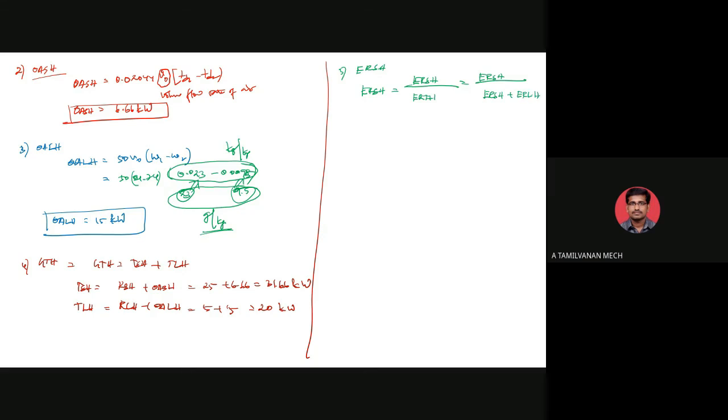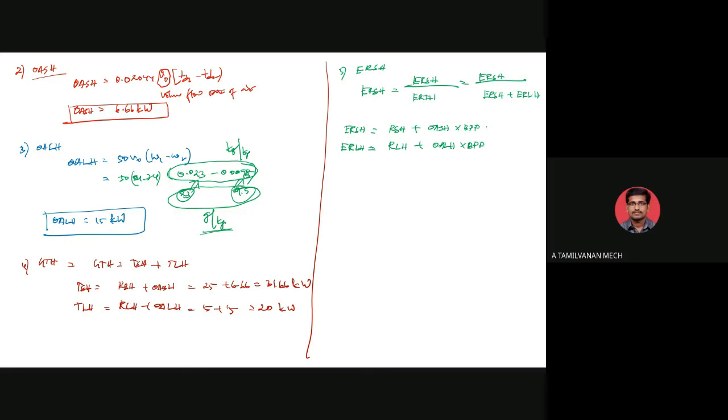We already have the formula. Effective room sensible heat is equal to room sensible heat plus outside air sensible heat into bypass factor. Then effective room latent heat is equal to room latent heat plus outside air latent heat into bypass factor.